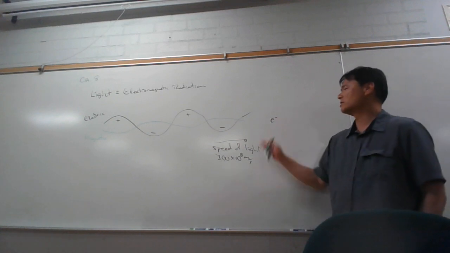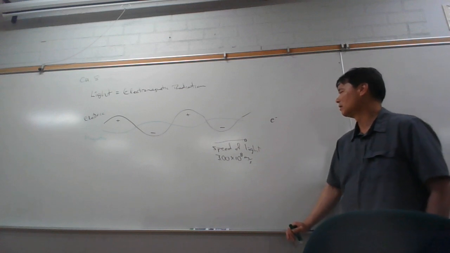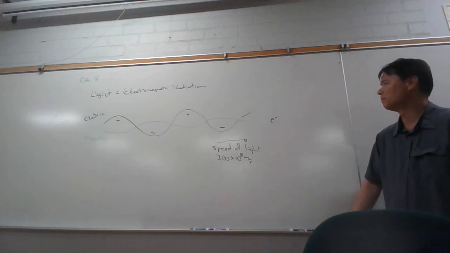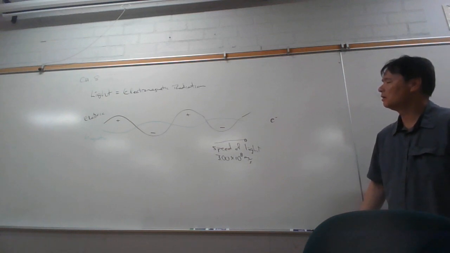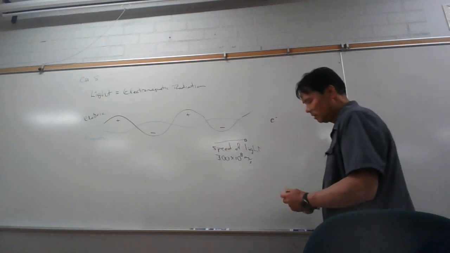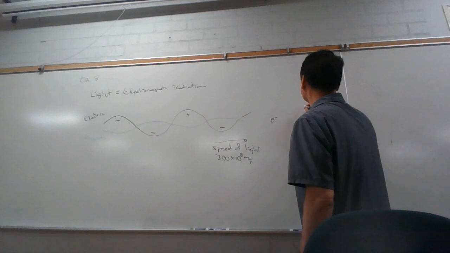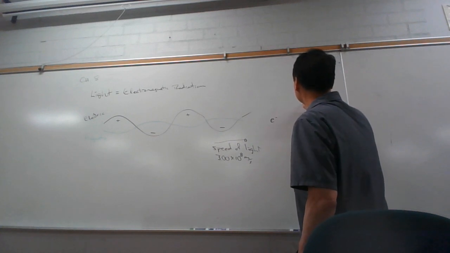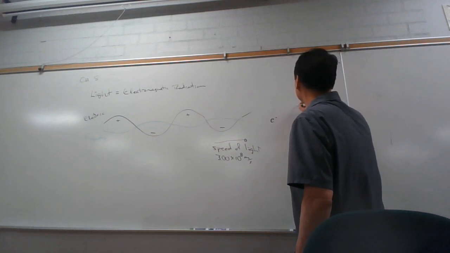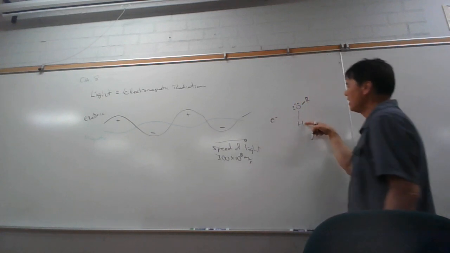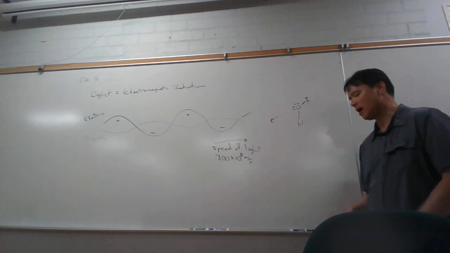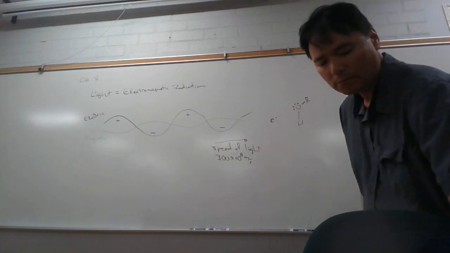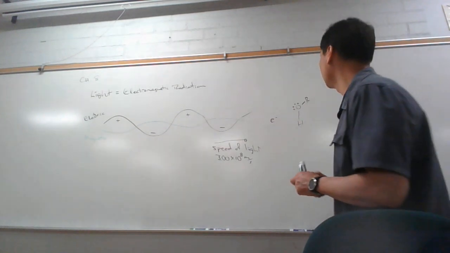But what we're going to focus on is the electric field component and how it interacts with electrons. Not only will it interact with electrons, it will interact with bonds as well. If I have a polar bond like this, a polar bond is going to have a positive end and a negative end.